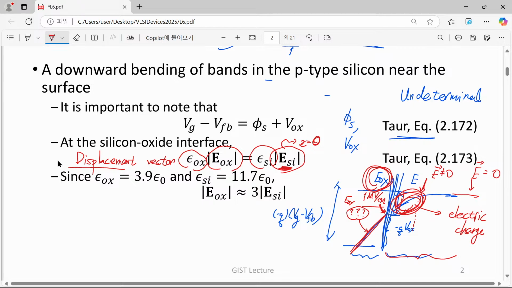Well, how can you express this V ox, the potential difference across this oxide layer? It can be easily expressed as Tox times Eox, because the electric field is just the gradient of our electrostatic potential.